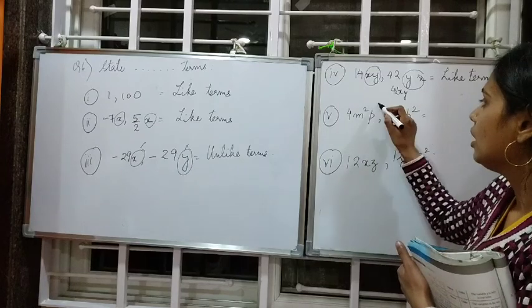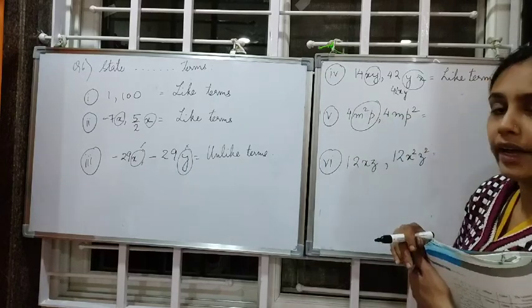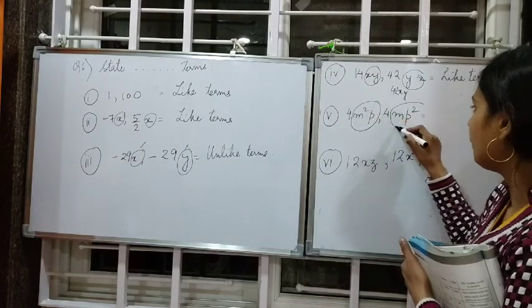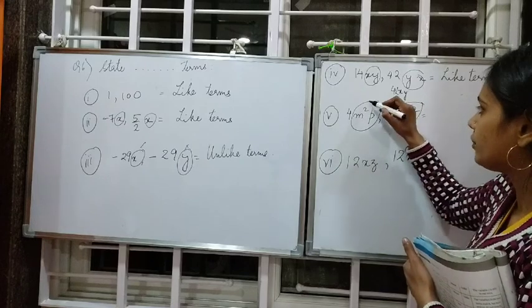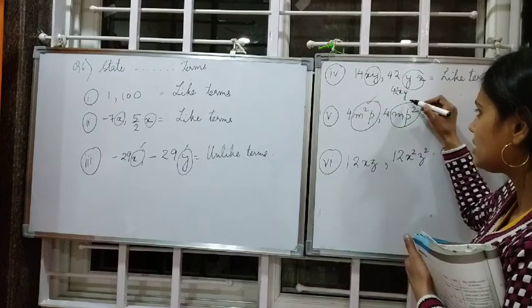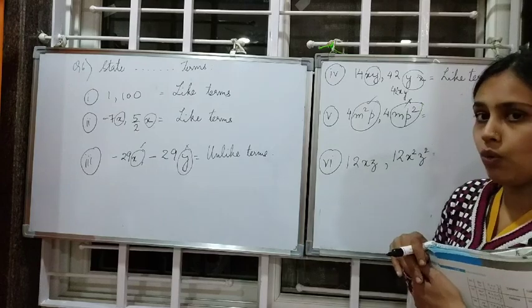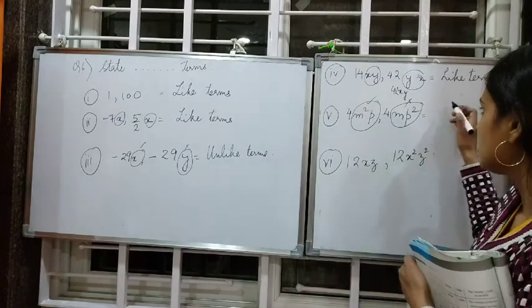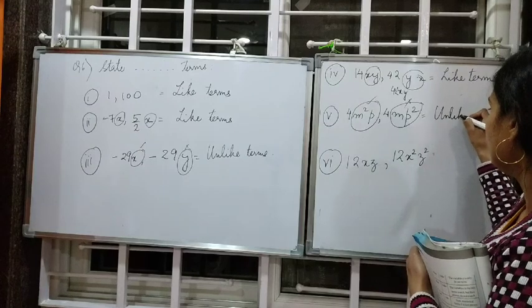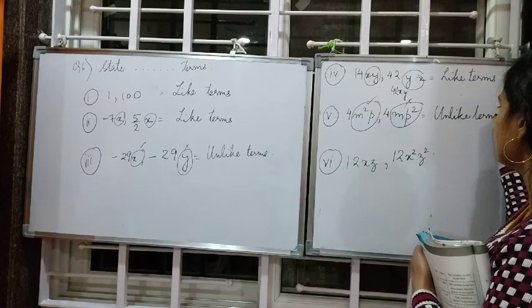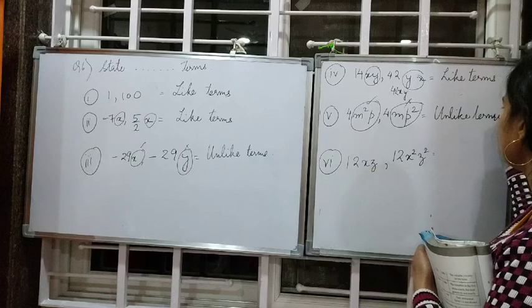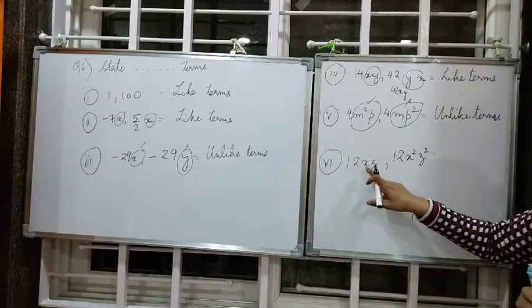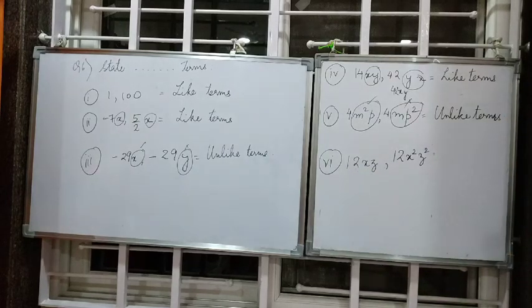Now here m square p and mp square, are they same? This is m square p. Is this m square p? No. Instead it is mp square. Okay. That means they are unlike terms. Now 12xz and 12x square z square.